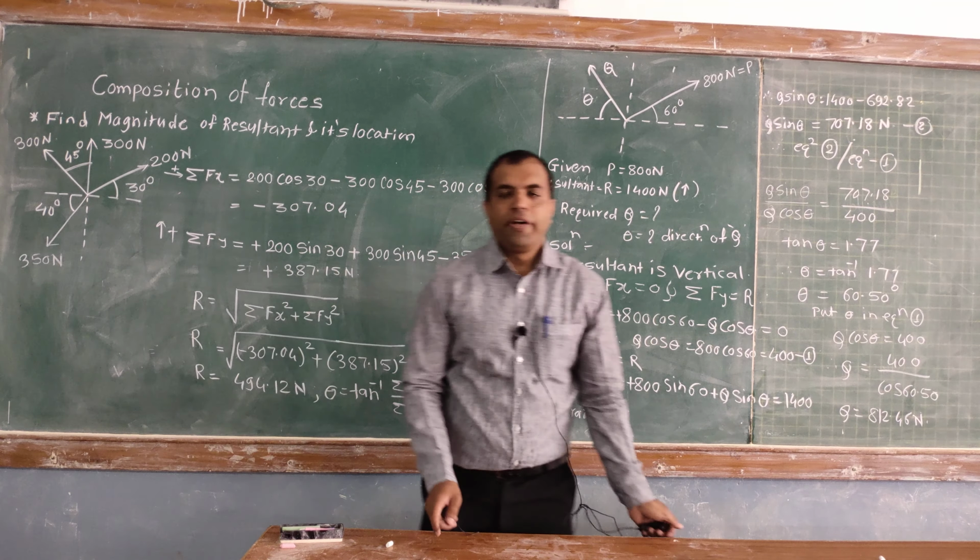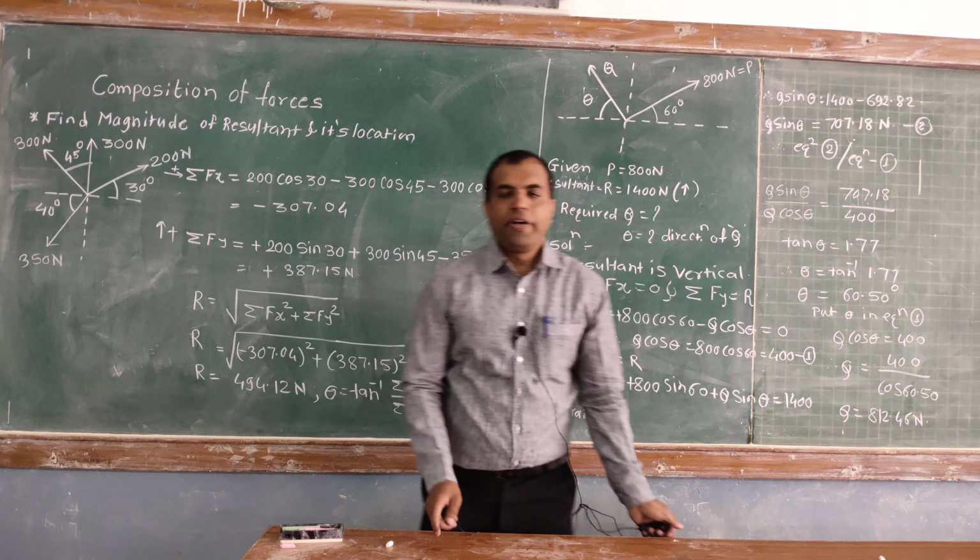Its two components: as it is in the second quadrant, x is minus, so the horizontal component is minus 300 cos 45, and the vertical component is positive, 300 sin 45. This one is the vertical component and this one is the horizontal component for this force, and they make an angle of 90 degrees between them. That is the orthogonal resolution.